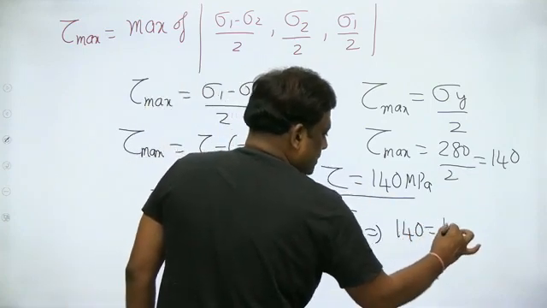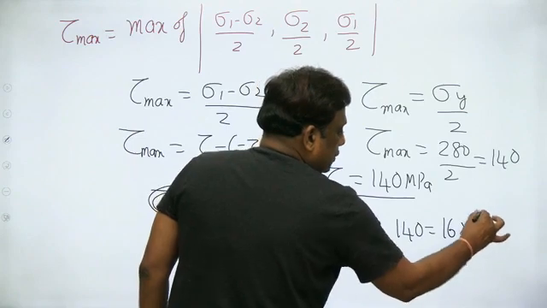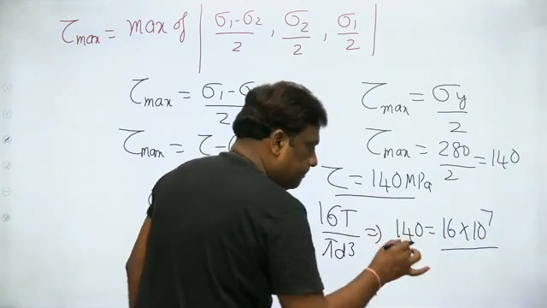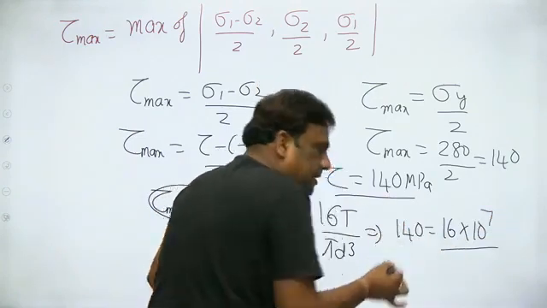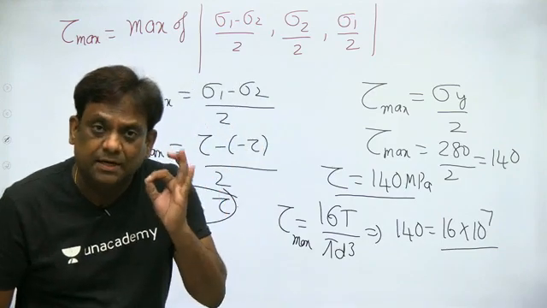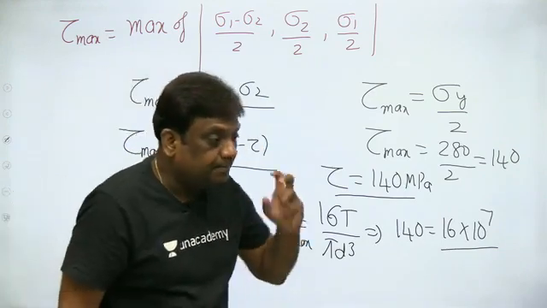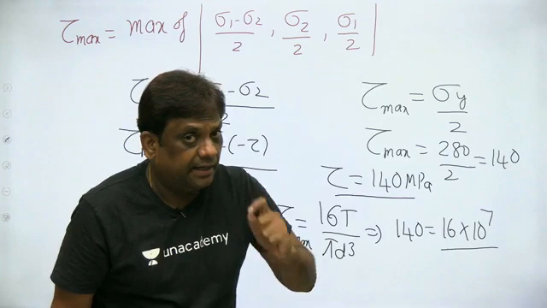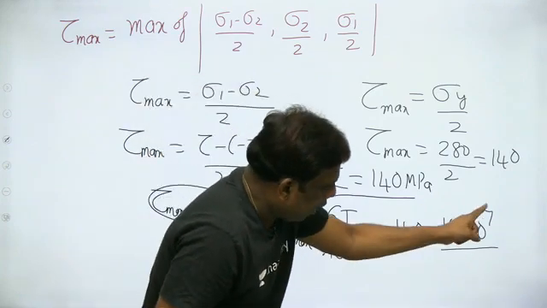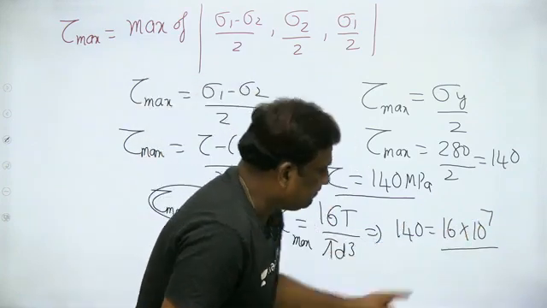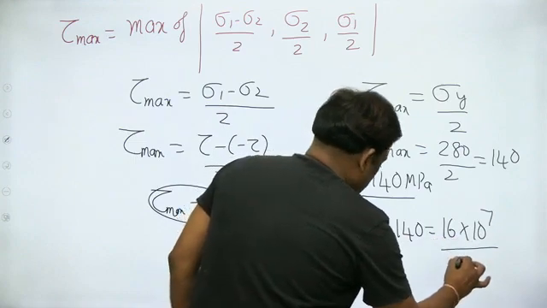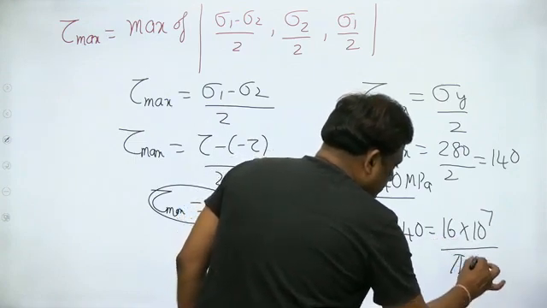That is equal to 16 times the torque, which is 10 power 7. I repeat, this is megapascal. Megapascal is nothing but Newton per mm square, which means my length dimensions are in mm. Already I kept this in Newton mm, 16T by pi d cube.